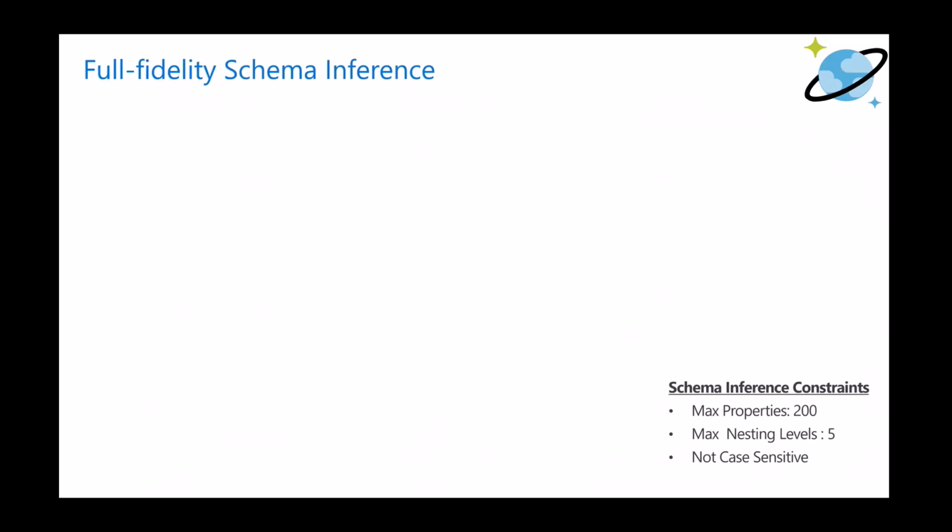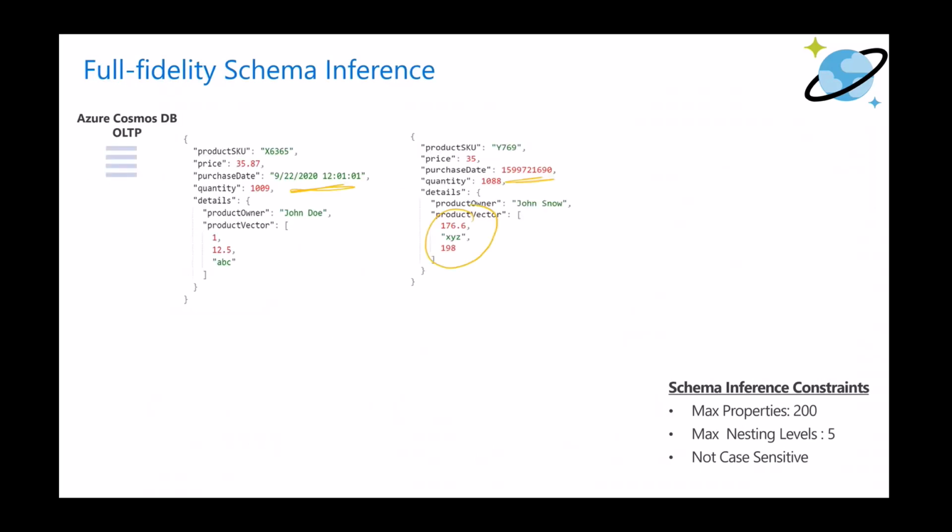So we talked about schema inference. We have two types of schema inference. One is called full-fidelity, other is called well-defined. When we talk about full-fidelity, as you see in these two documents, the purchase date in one is string, in the other one it is a number.